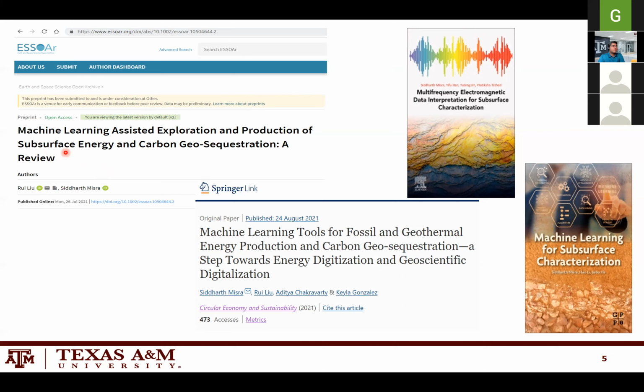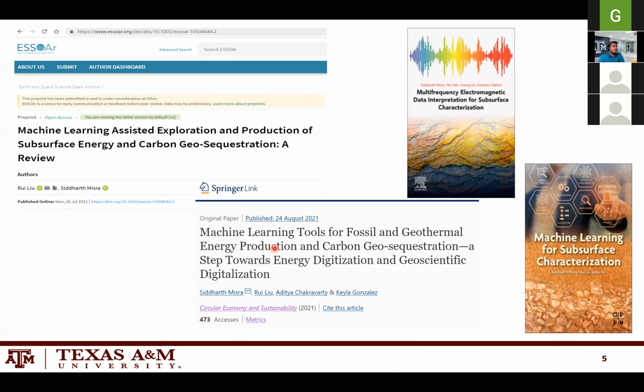What I mean by that is hydrocarbon, geothermal, and carbon geosequestration as well. The other one is another way of looking at the same things, a different set of reviews. This is published in Circular Economy and Sustainability. It's slightly broader compared to the first one, which is very specific to all those different applications.